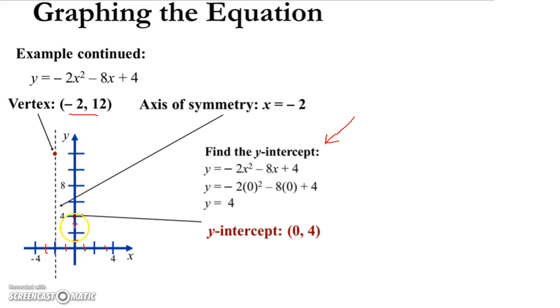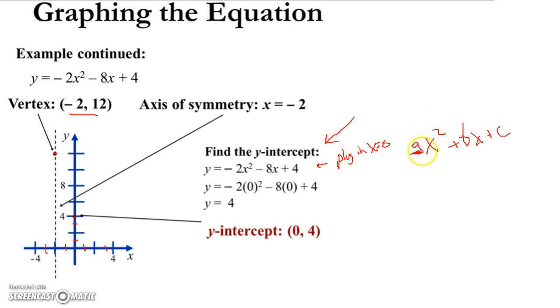The point where any graph crosses the y-axis, we've done this before, is when x is 0. So all you have to do is take your formula and plug in x equals 0. Since these are quadratics, we're going to have ax squared plus bx plus c, right?